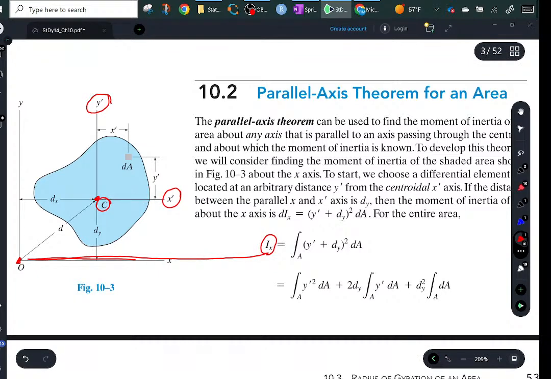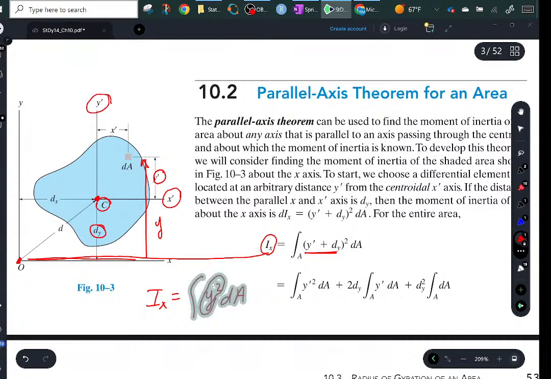And he says, what's the definition of that? Well, Ix is nothing more than the integral of y squared dA, but now I can replace this y squared. If I run all the way to here and call this y, that is also d y plus y prime squared, which is what he puts in here.